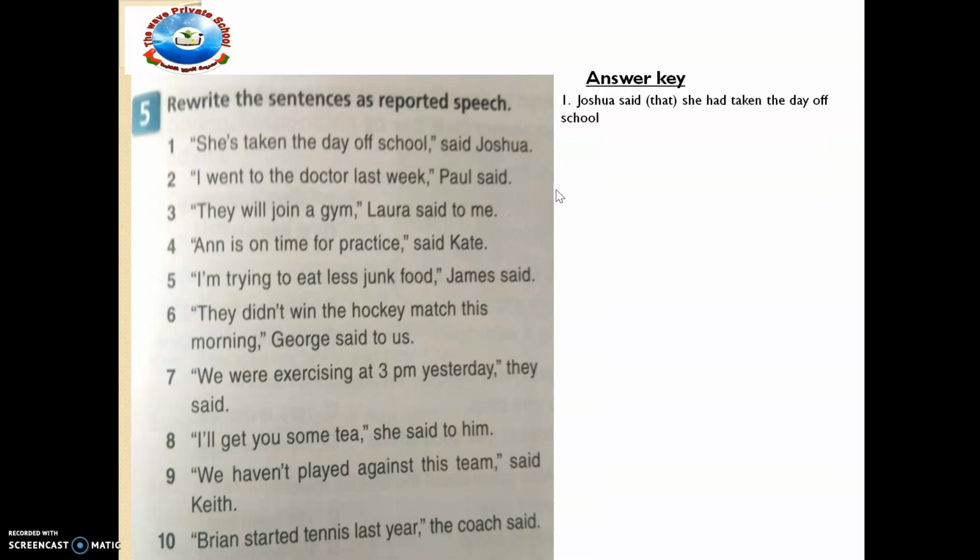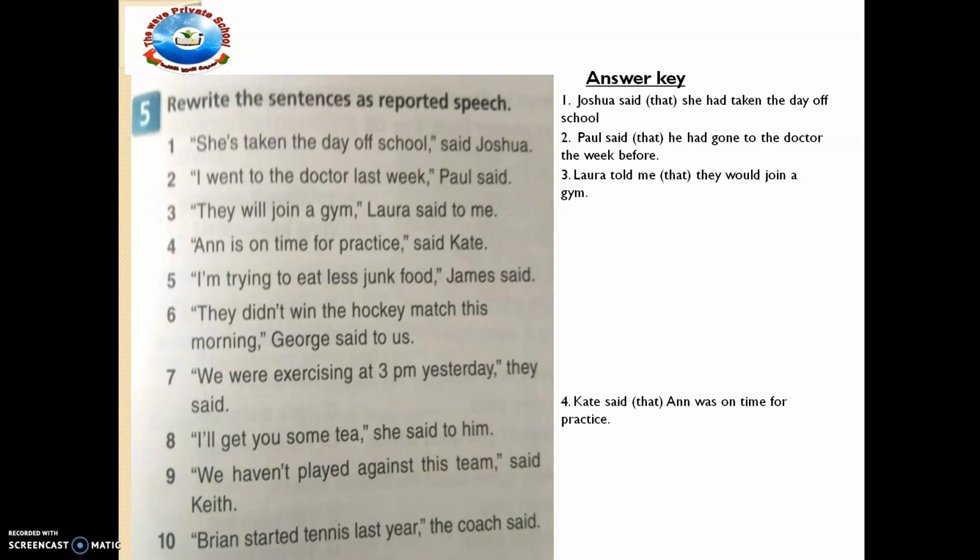Joshua said that she had taken the day off school. Number 2, Paul said that he had gone to the doctor the week before. And number 3, Laura told me that they would join a gym.